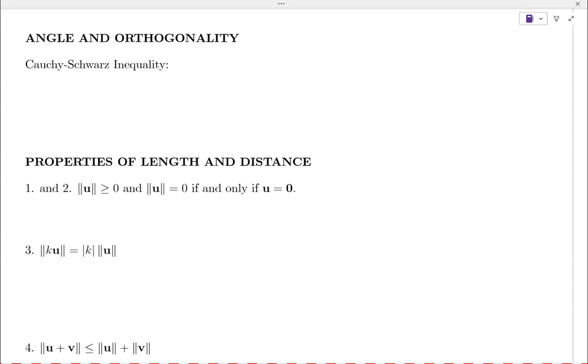So that's exactly what the Cauchy-Schwarz inequality says, that in an inner product space, the absolute value of the inner product of two vectors is always less than or equal to the product of their norms.